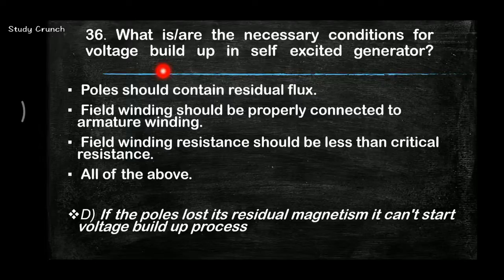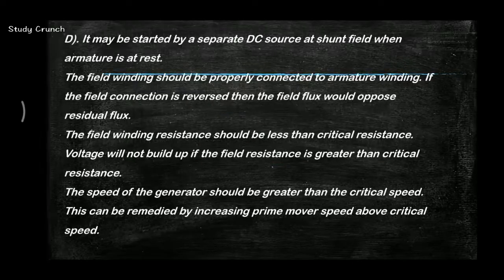Next, what is or are the necessary conditions for voltage buildup in a self-excited generator? So the answer will be D, that is the poles should contain residual flux, the field windings should be properly connected to the armature winding, and the field resistance should be less than the critical resistance. Because it may be stated that by a separate DC source at the shunt field when the armature is at rest, the field winding should be properly connected to the armature winding.